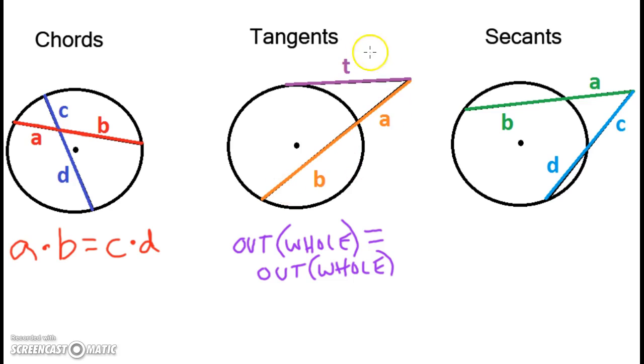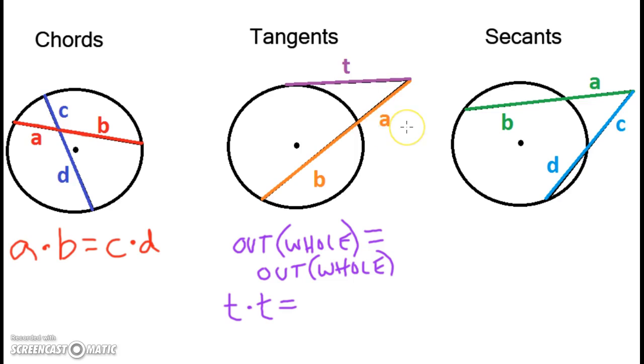All right, but so the equation that I would use to solve for a missing piece here is that the piece on the outside, which is the whole tangent, times the whole thing, which is the whole tangent, so I'm just going to do T times T, is equal to, and now on this one I do the same thing.